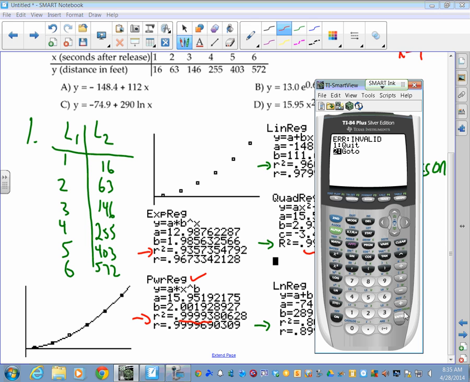An invalid dimension means your window's not quite big enough, so make it a little bigger by going to 8. Your x maximum has to catch your prediction. Your window's only going to 6.5, so go to your window and change x max to 8. And on your graph, second, calculate value, when x is 7.